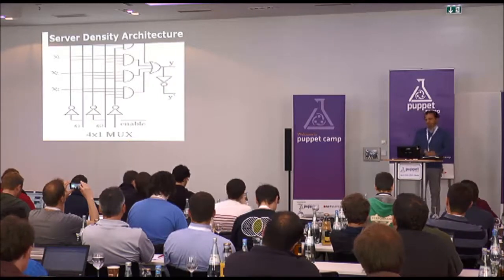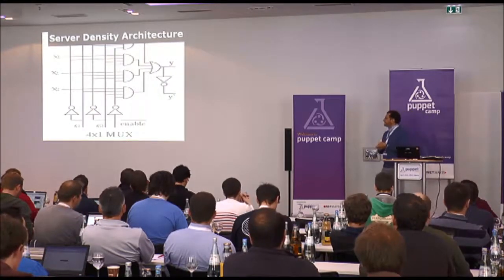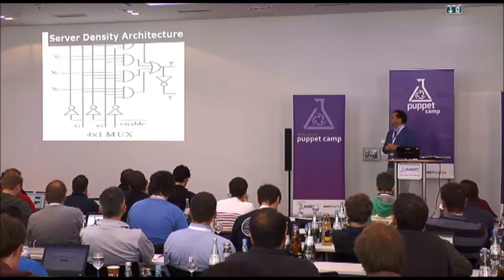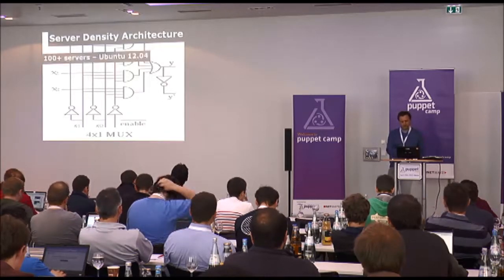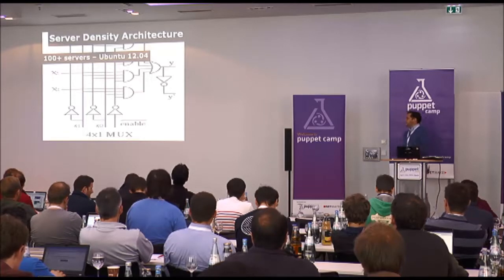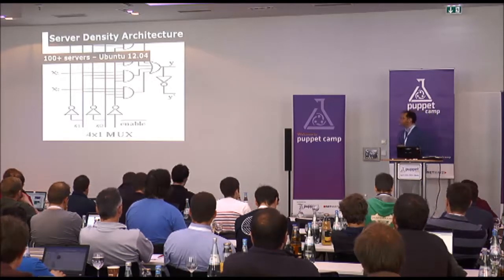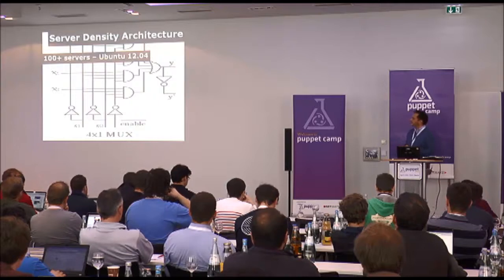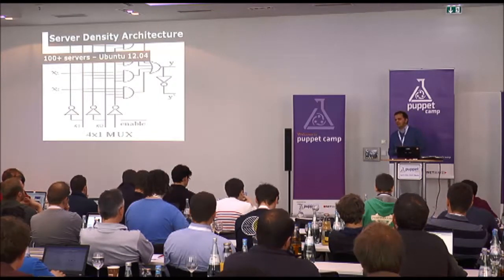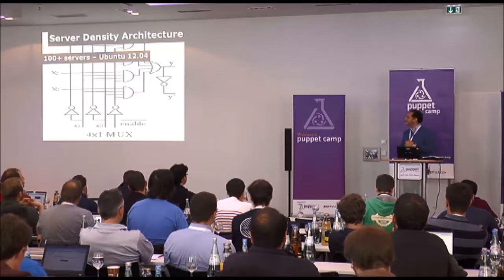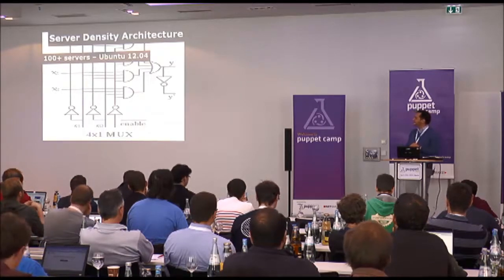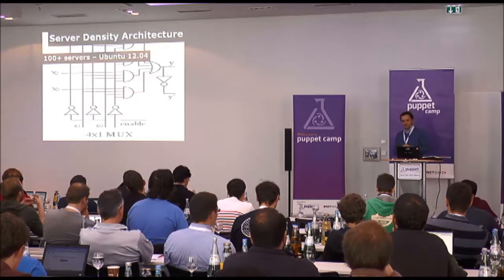All right, so what is Server Density's architecture, what do we run, and where do we run it from? We standardize on Ubuntu 12.04. It's not as old as the satellite software those guys have up there, but we're thinking about skipping 14.04 and going straight to 16.04.